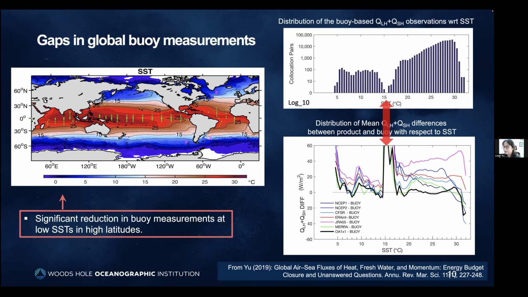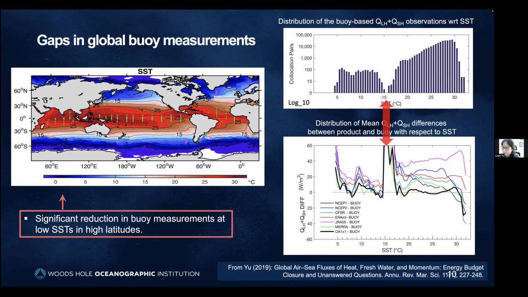And on the right top, I show the distribution of the buoy-based flux observations with respect to SST. And please note that the vertical axis is logarithmic, base 10.